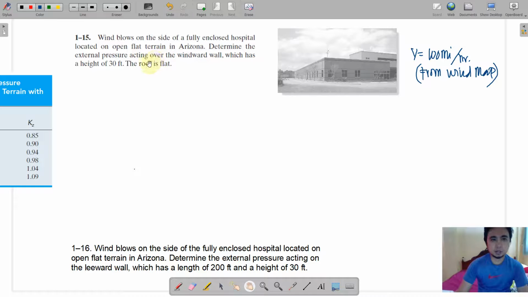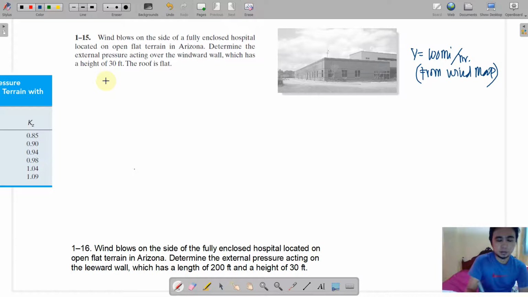Determine the external pressure acting over the windward wall, which has a height of 30 feet, and the roof here is flat. So from the wind map of Arizona, it is having a velocity or wind velocity of 100 miles per hour. So this is an English unit.